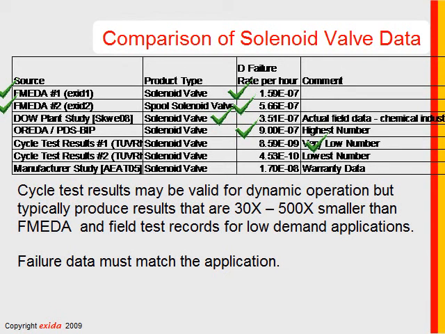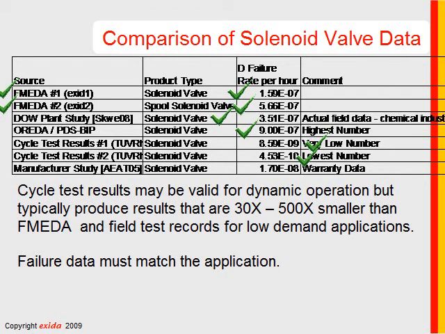And that's quite a bit lower than even the lowest FMEDA number, and literally, it looks like 2 orders of magnitude lower than ARETA. Now that's totally valid for a high demand rapidly moving application, but if you mistakenly use such a number in a low demand application, you could be making a very dangerous error.